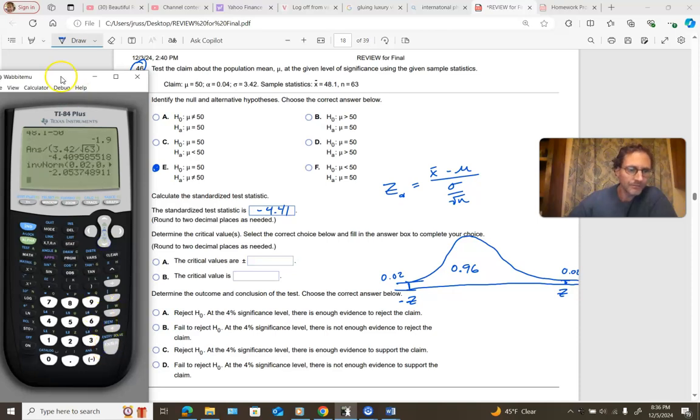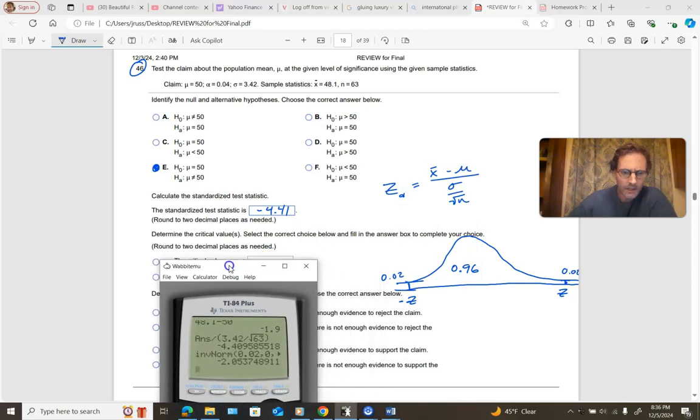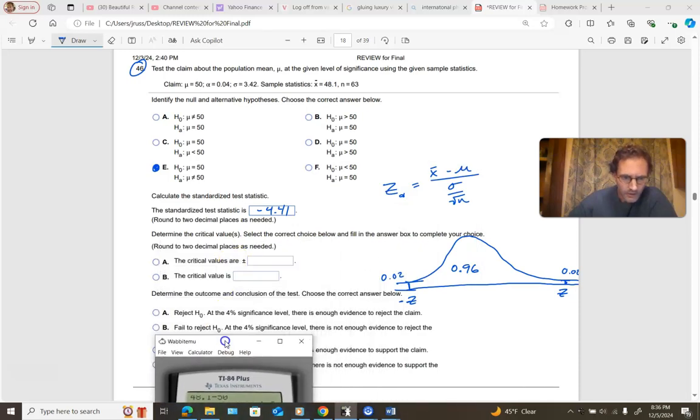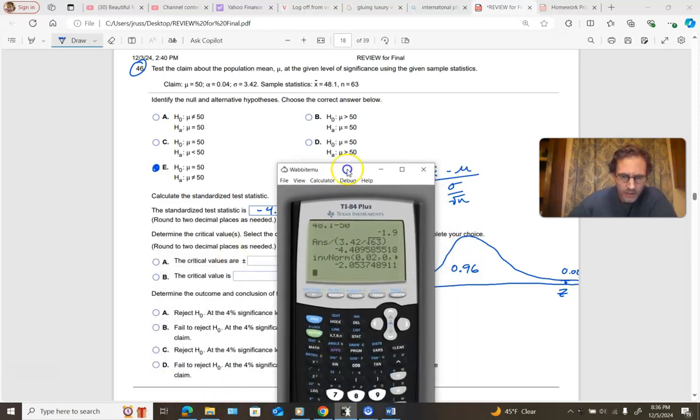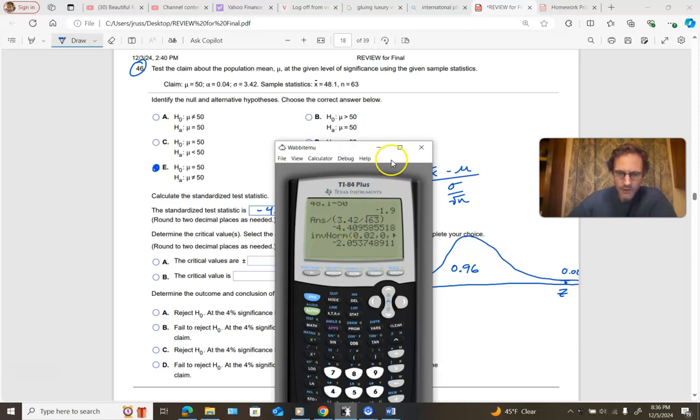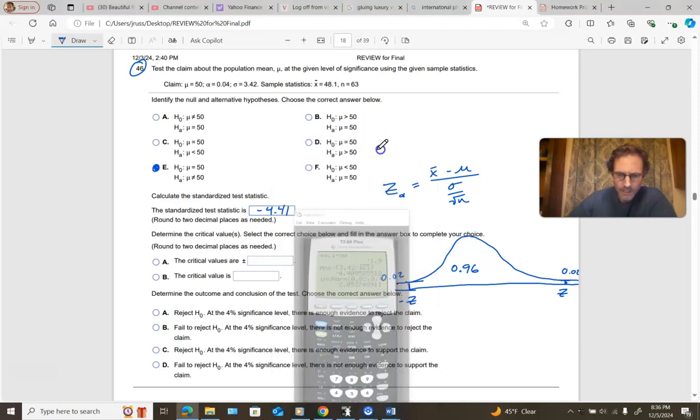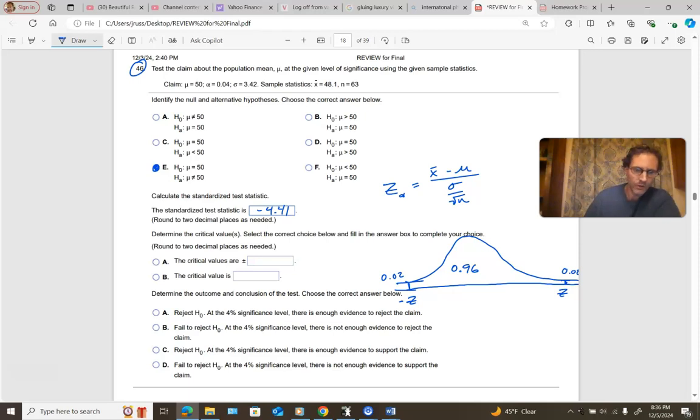Hit enter. And you get, to 2 decimal places, negative 2.05. So the critical values are both the positive and the negative 2.05, okay? The negative's right here and the positive is over here.